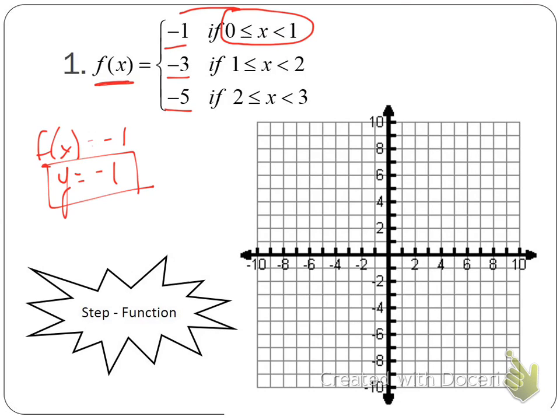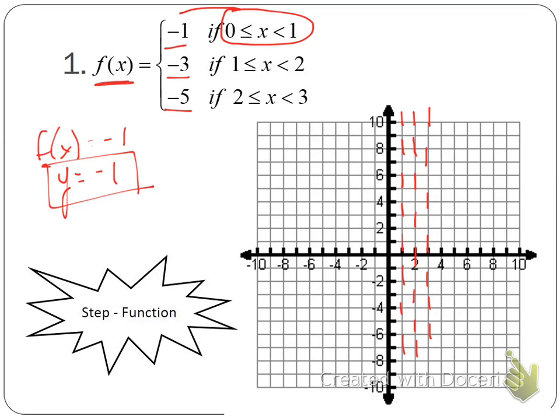So from 0 to 1, so I'm going to draw a dotted line through 1 on the x-axis, so a vertical line. And now from 0 to 1, I'm going to get one part of the graph. Then from 1 to 2 is another part. So I'm going to create another section of the domain by drawing in a vertical line. And then from 2 to 3 is another graph. And so I'm going to draw a vertical line through 3 to break up the domain one more time. So now there's 3 different sections to this particular graph, this function.